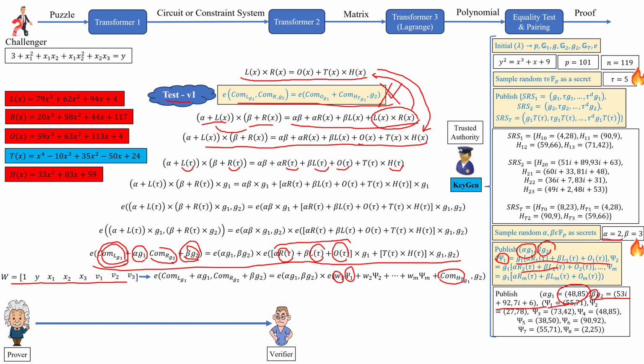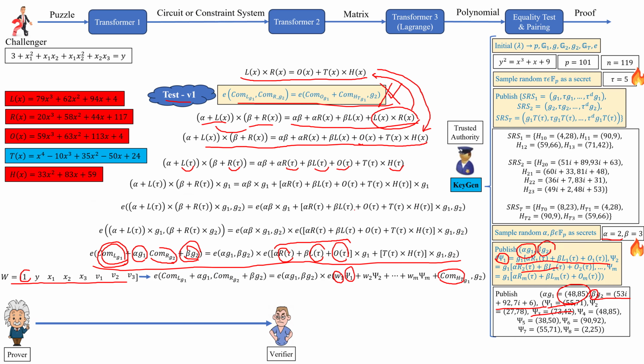The psi values are computed by the trusted authority and shared as the SRS. And these W's are the secret that the prover knows, and the prover can then multiply these values to the psi values and send those values to the verifier. Okay, so let's see what happened here.